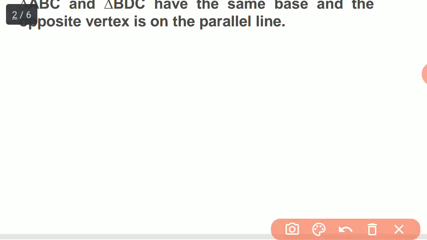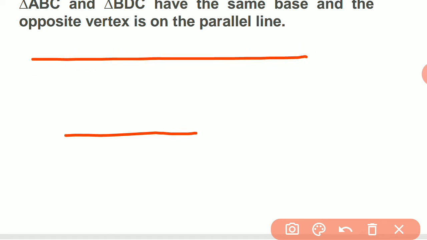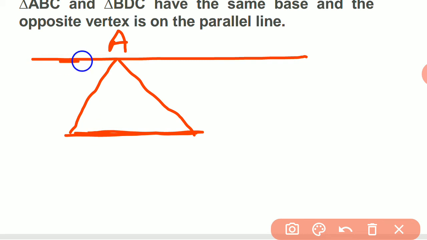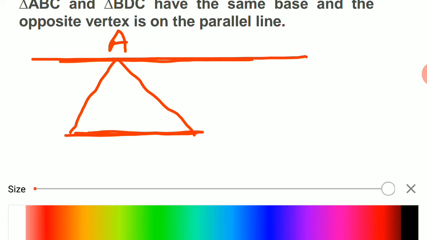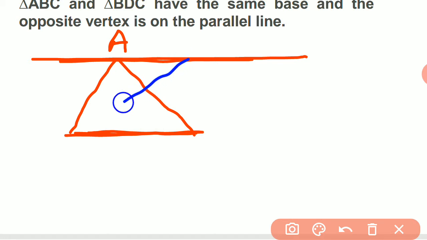So we can say that figures on the same base and between the same parallels are like this. Suppose these are two parallel lines and this is a triangle ABC lying on the same base and between the same parallels, and this is another triangle.